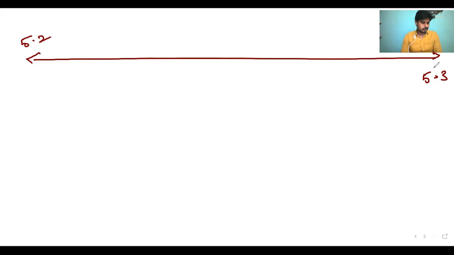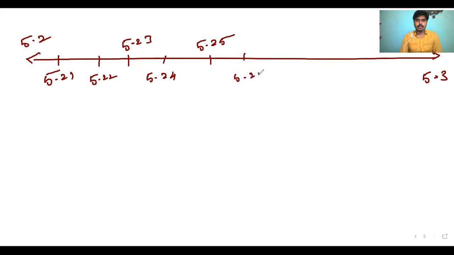See, next between 5.2 and 5.3: after 5.2 we have 5.21, 5.22, 5.23, 5.24, 5.25, 5.26, 5.27, 5.28, 5.29. Okay. So now if you observe, where does 5.28 bar lie?